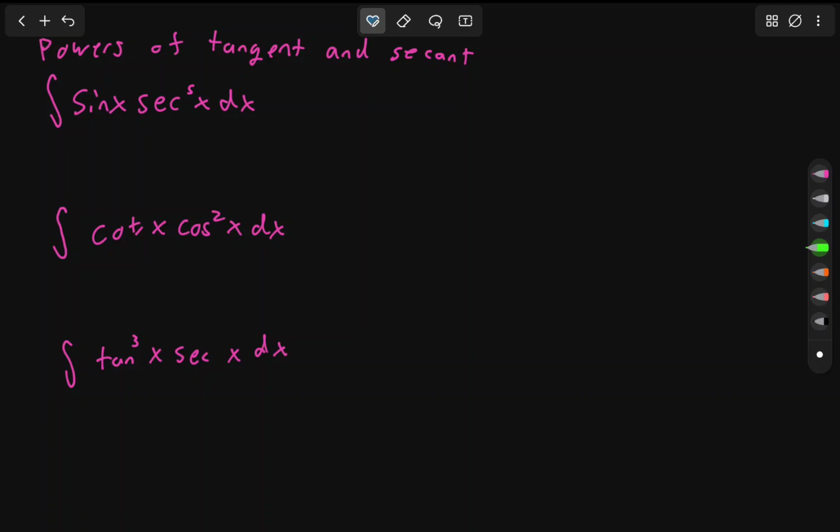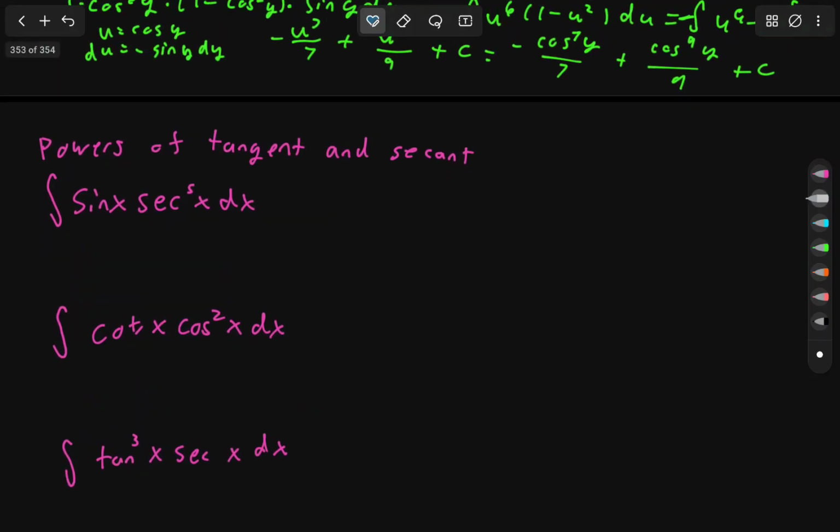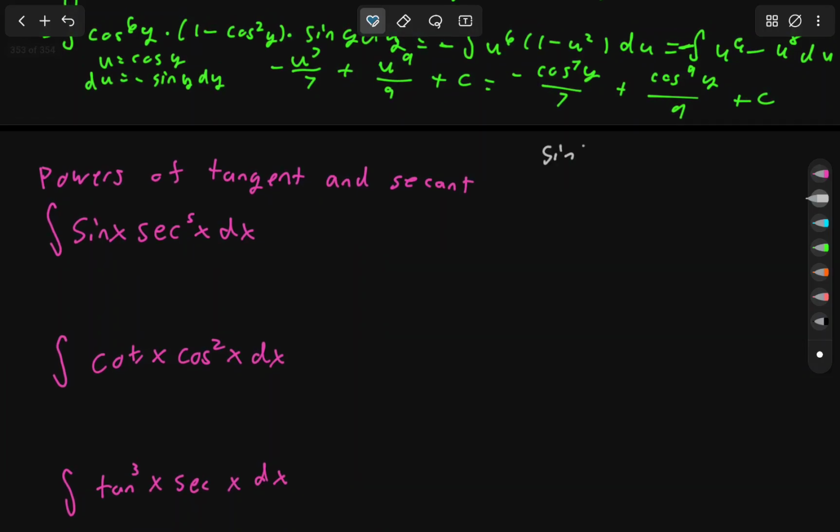So the thing about tangents and secants is we use the same identity, we just have to divide it into something new. So we have sine squared of x plus cosine squared of x is equal to 1. In order to get tangents, we are going to divide by cosine squared of x.